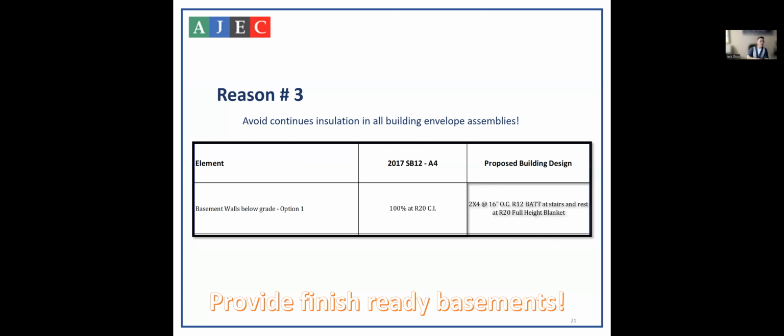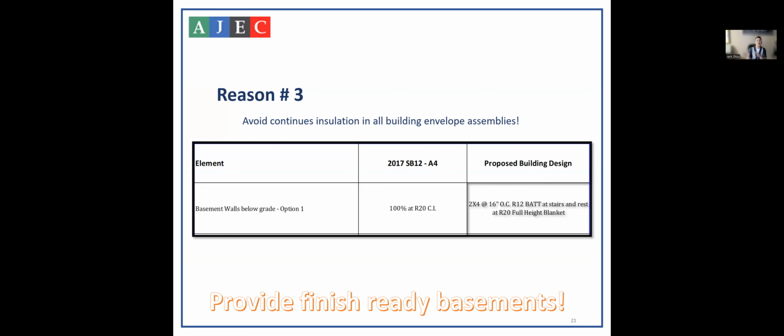The other thing is, if your homeowners are thinking of a finished-ready basement, you could stud your house, put in R20 blanket, and then put in batt insulation and leave it at that. For those of you who've been working here long enough, there used to be something called package J, and package J used to be 2x6 R20 batt in the basement.